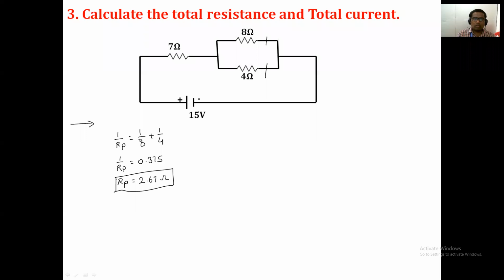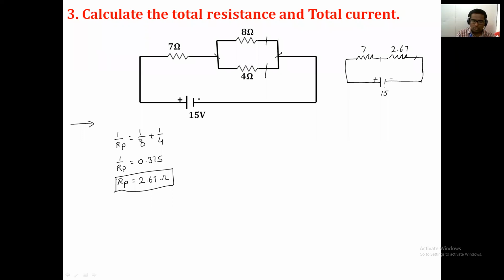Now, this Rp is connected between these 2 common points. So when I want to replace these 2 parallel branches with their equivalent resistance, their parallel resistance, their total resistance, I can write, these are the 2 common points, and here I can write 2.67, and the remaining circuit is as it is.